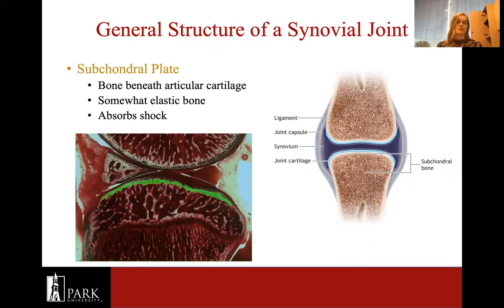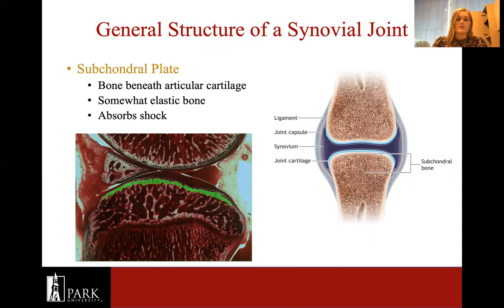So now we're just going to go into the general structure of these synovial joints. I highly recommend you draw something like what you see on the right-hand side that's labeled. I highly recommend you draw that out and just get familiar with how synovial joints look.